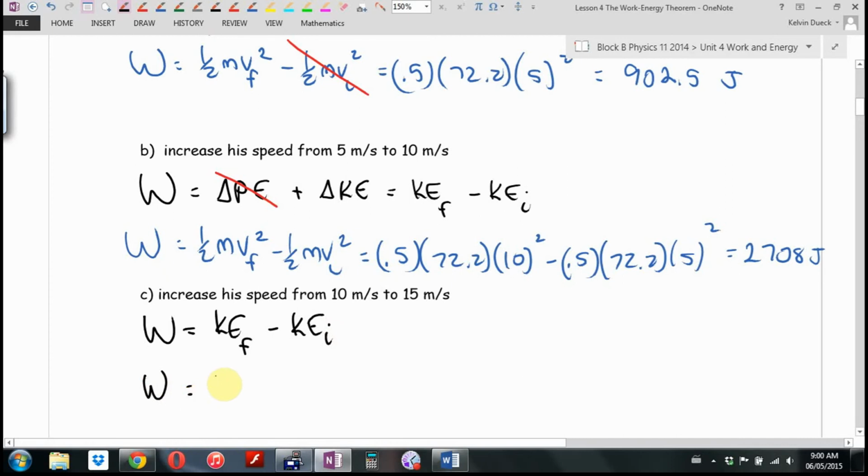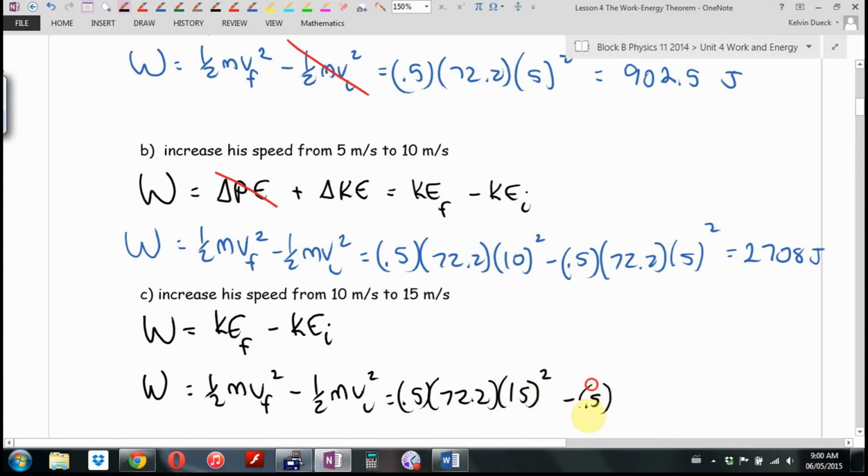A half m v final squared minus a half m v initial squared, 0.5, 72.2, 15 squared minus 0.5, 72.2, 10 squared.